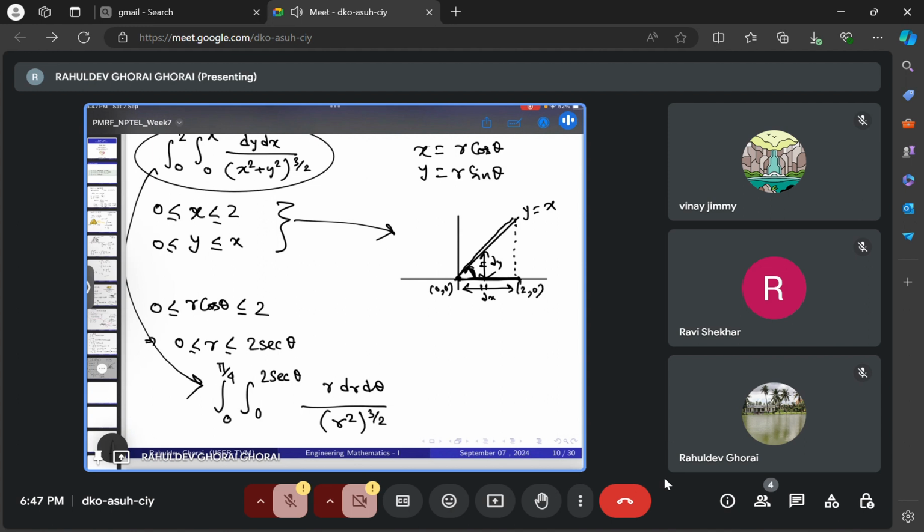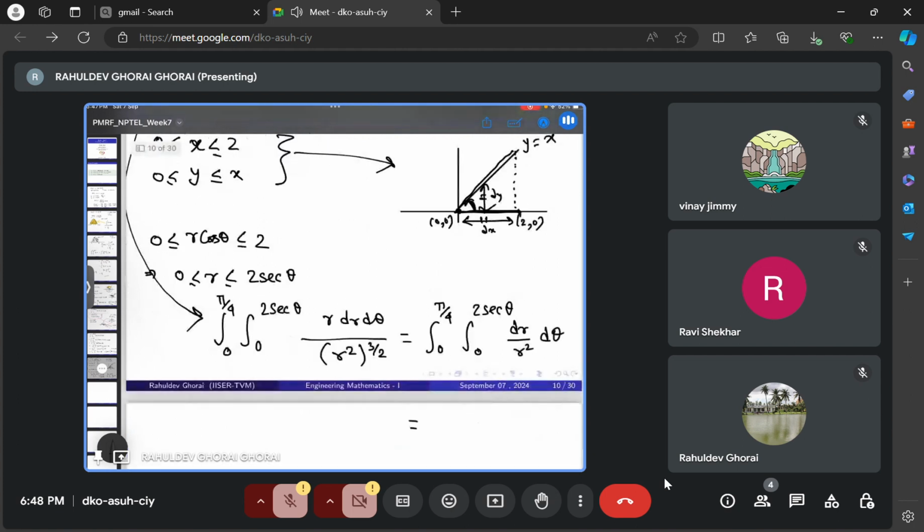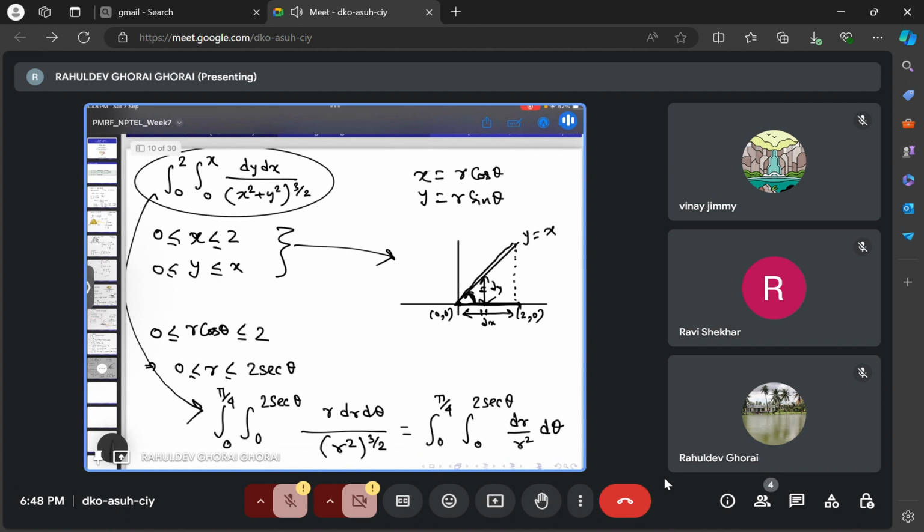See, it becomes very easy now. So that will be 0 to pi by 4, 0 to 2 sec theta. One r from numerator and denominator will go, and it will be dr over r square d theta. Now tell me, what is the value of this? First of all, up to this, did all of you understand?